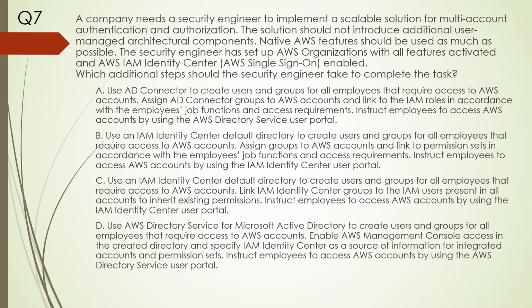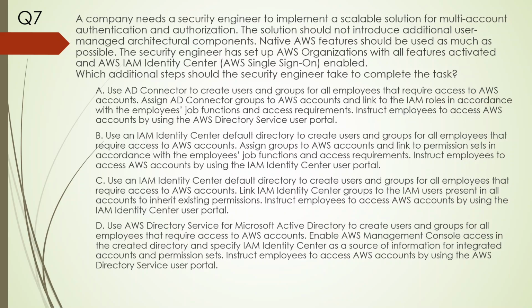Letter A. Use AD Connector to create users and groups for all employees that require access to AWS accounts. Assign the AD Connector group to AWS accounts and link to the IAM roles in accordance with the employee job function and access requirement. Instruct employees to access AWS accounts by using the AWS Directory Service user portal.